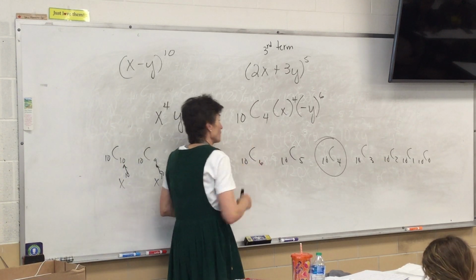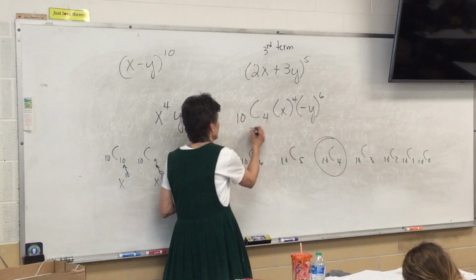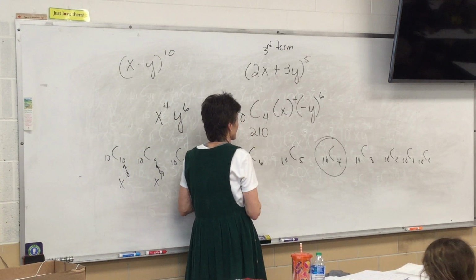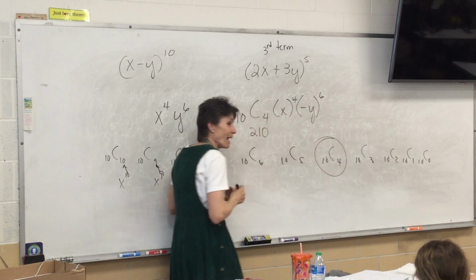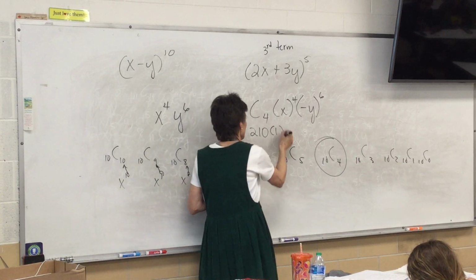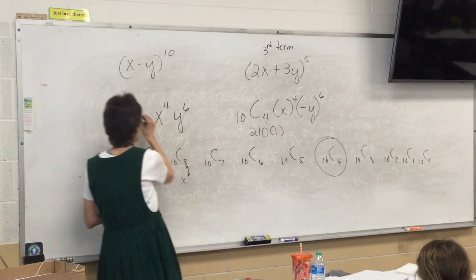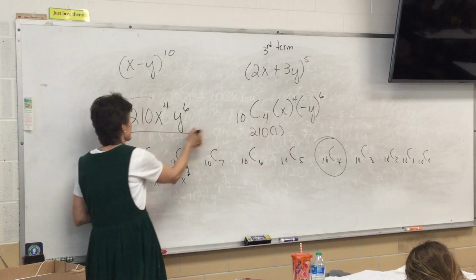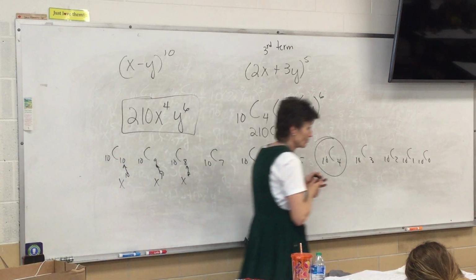So what's the number? Well, what's 10C4? 210. What's negative 1 to the 6th power? 1. So I multiply 210 times 1, and there you go. It says, what's the coefficient? The coefficient is 210.